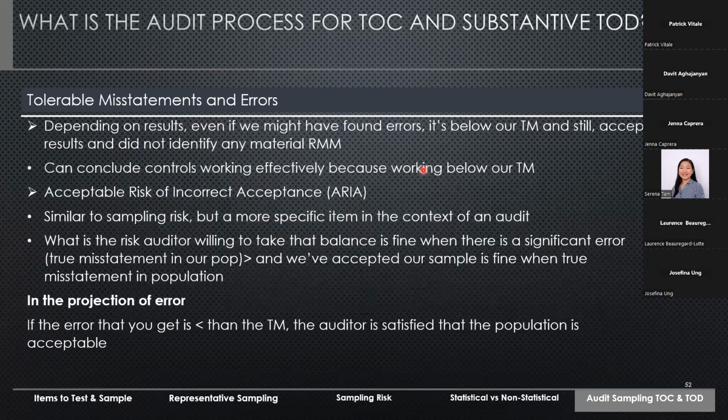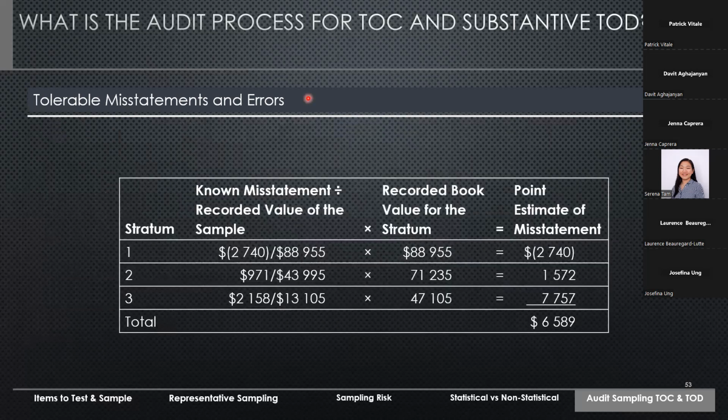the TM, the tolerable misstatement. Here we don't have an example, but look at here, okay? Your point estimate of misstatement. Let's say that we add all these. I'm not too sure. Let's say it's $200,000.